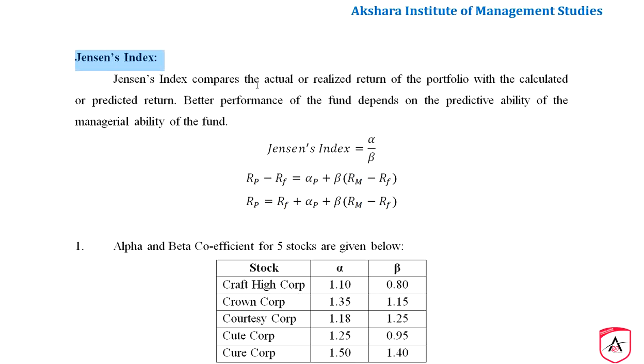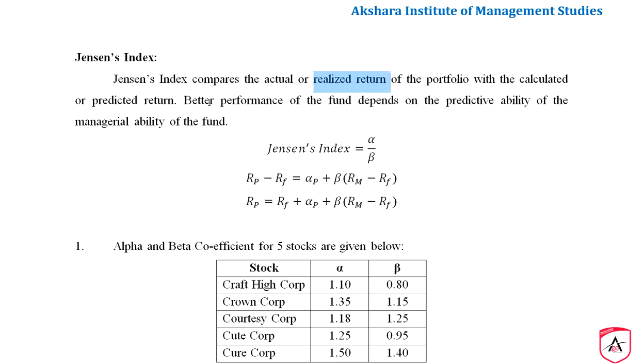Jensen's index compares the actual or realized return of a portfolio with the calculated or predicted return, which means that it compares the actual return which we got from the market with the predicted return. Predicted return means what an investor or a manager predicted before investing.